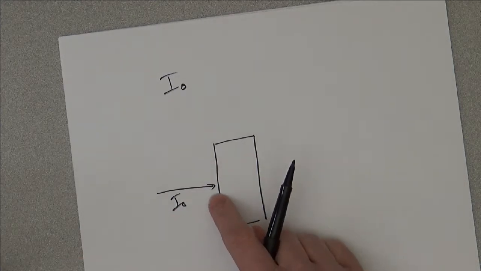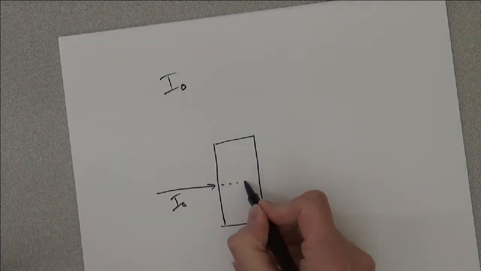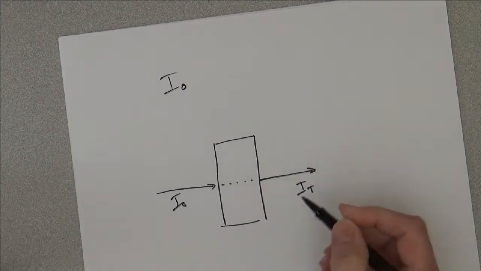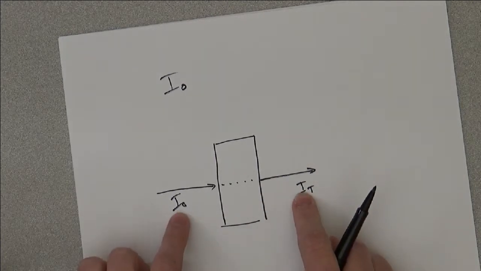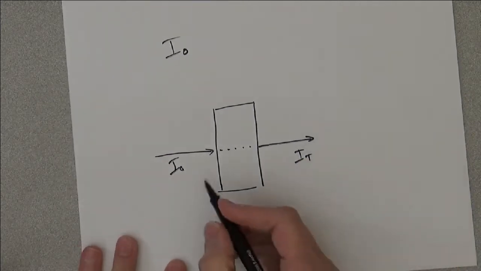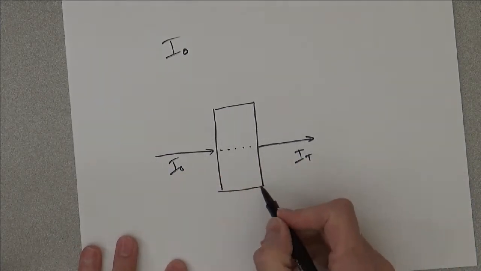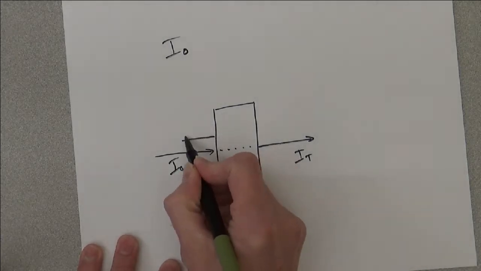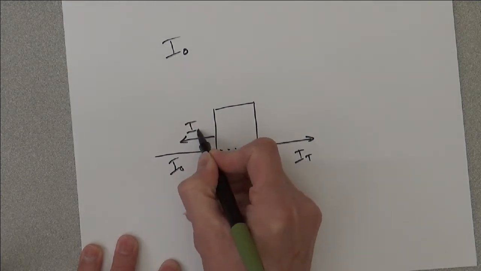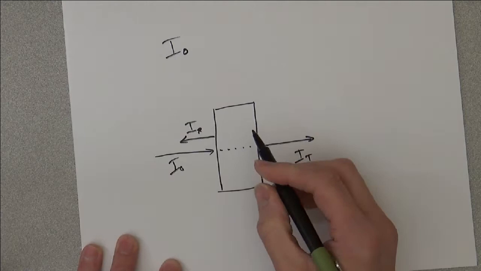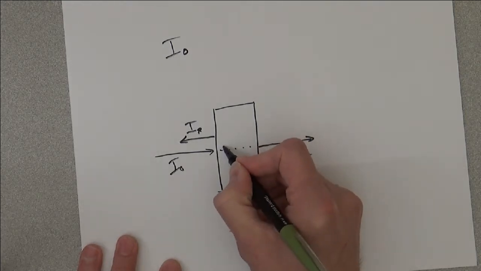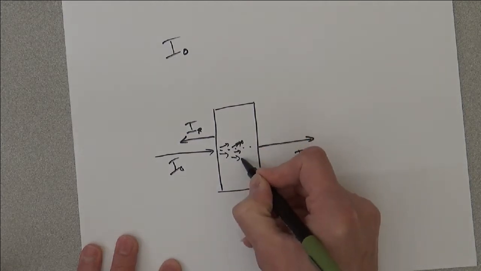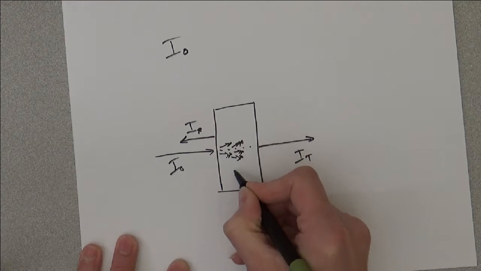And then we can talk about the intensity of the light that is transmitted, and that will naturally be less than the incident. Part of the loss going from incident to transmitted is due to reflection, and part of it has to do with the scattering, and more importantly, the absorption processes in the material.